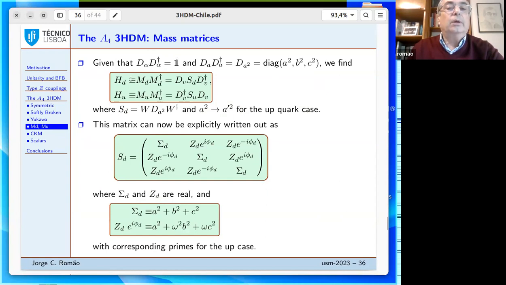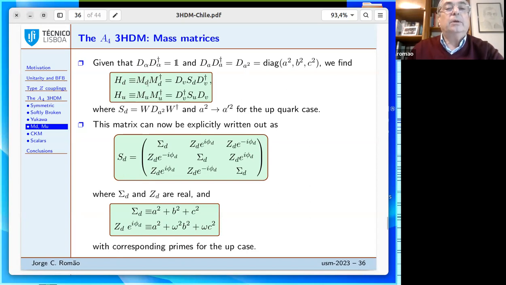Instead of looking at the down and up quark matrices, you look at these Hermitian matrices, which are constructed from the quark mass matrix. Of course, the eigenvalues of these matrices are the squared masses of the quarks, down and up.